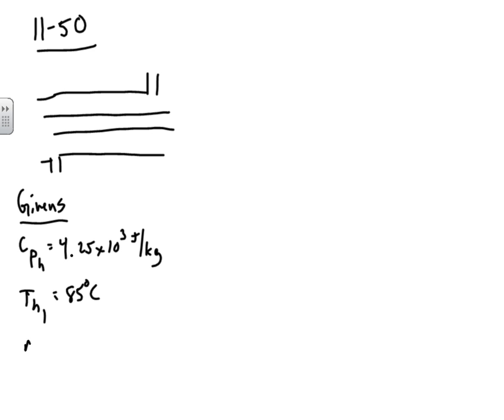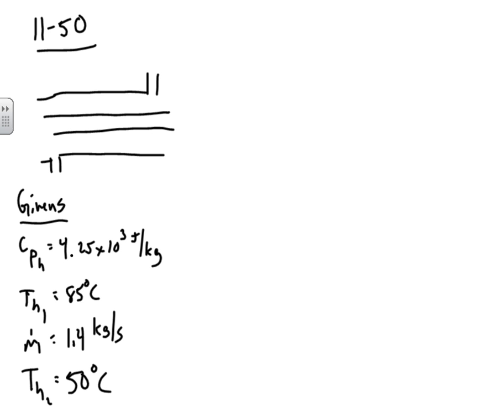We're given the mass flow rate of the hot water, and it's 1.4 kilograms per second. We're also given the exit temperature of this hot water, T hot 2, and that's equal to 50 degrees Celsius.